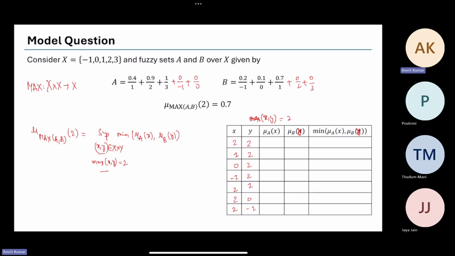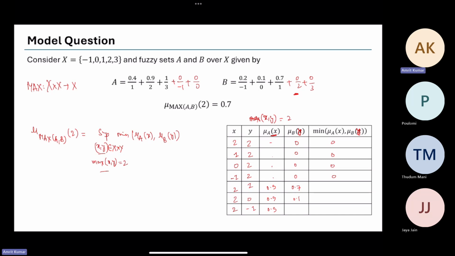So when y is equal to 2, mu B of y is 0, right? And therefore, regardless of what mu A of x is, the minimum is going to be equal to 0. Now let us look at the membership function of mu A of x when x is equal to 2. That is 0.9. So this is 0.9, 0.9, 0.9. What is the membership function of 1 in B? It's 0.7. 0 is 0.1.